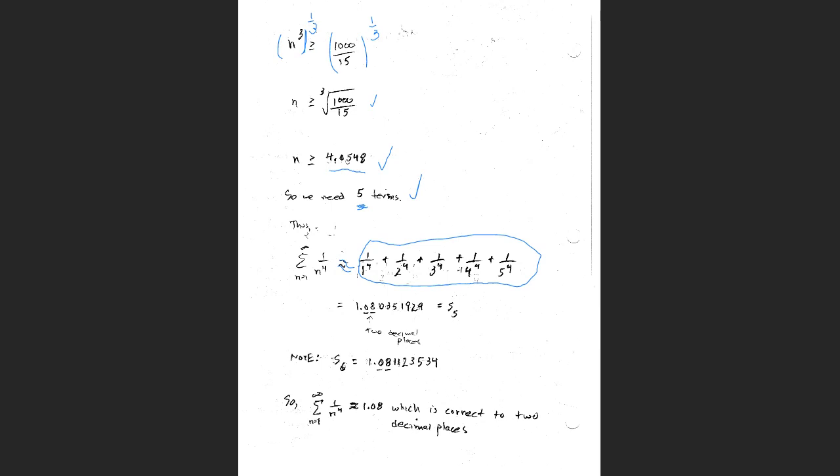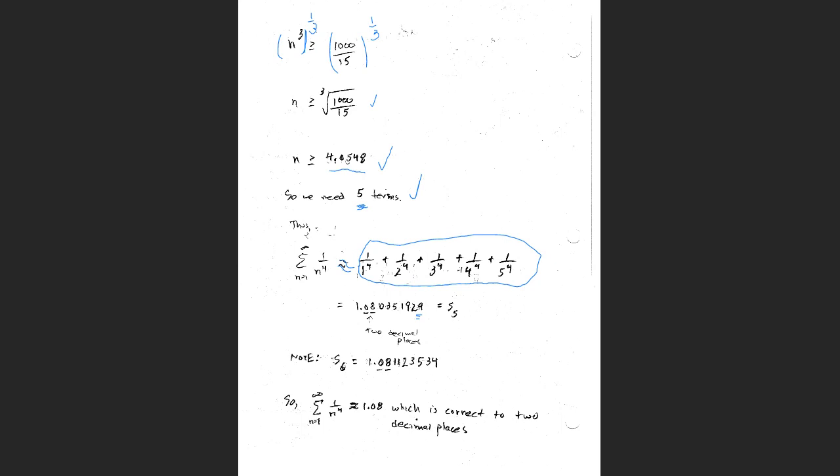And if you add them together, I went out to the billionths place. That 9 there is in the billionths place. So that should be correct to 2 decimal places.